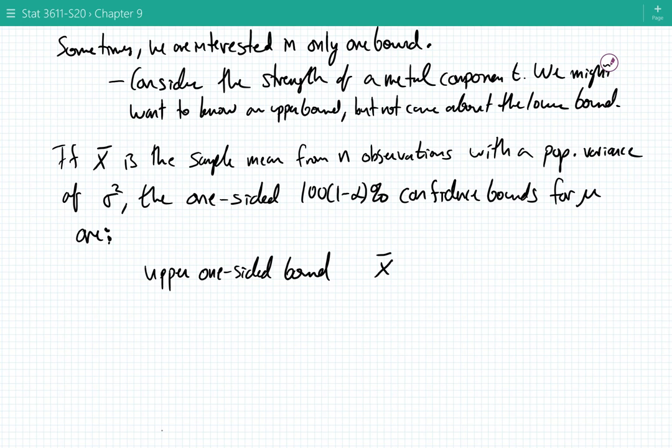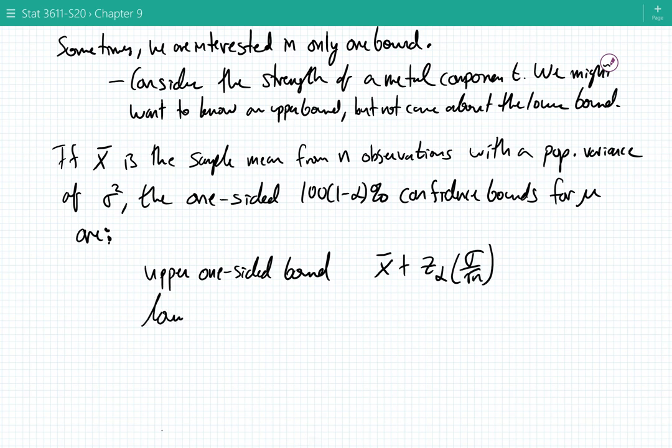When we had a two-sided confidence interval, we were looking at alpha and splitting that evenly on a left tail and an extreme right tail. But if this is just an upper bound, then I am just going to take all of that and put it on a right tail. So x bar plus not z of alpha over 2, but just z of alpha times sigma over the square root of n.